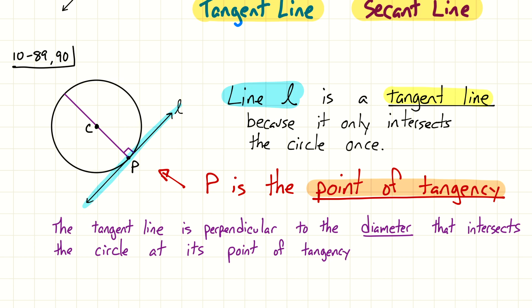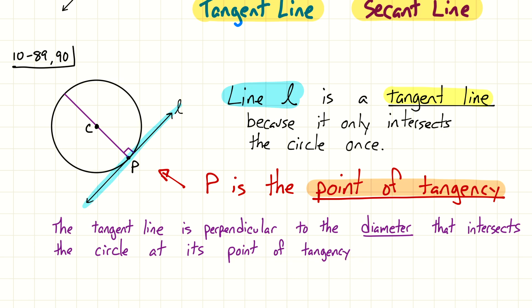So I've also drawn in a diameter that cuts the circle in half, but you should also notice I've drawn it so it's perpendicular. So it's 90 degrees with the tangent line.